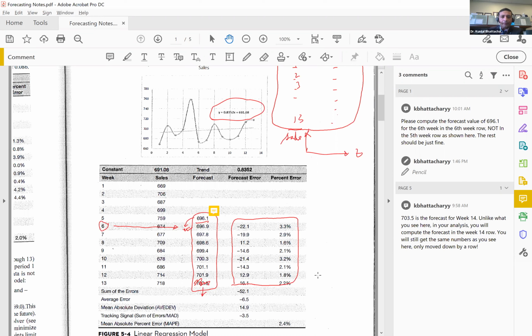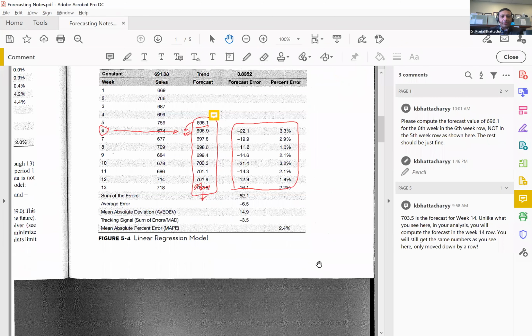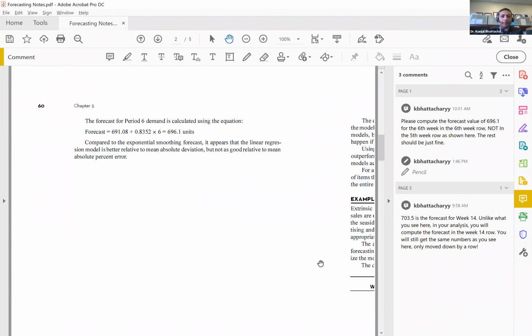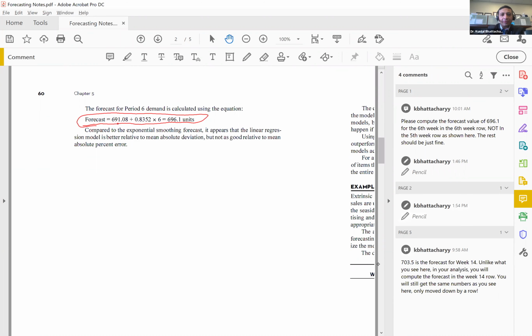And now the last one that is left is when you start comparing the models. And this basically tells you how that forecast is calculated. So these numbers, the 691.8 comes from the coefficient of the intercept, and the coefficient of the time period is 0.8352.